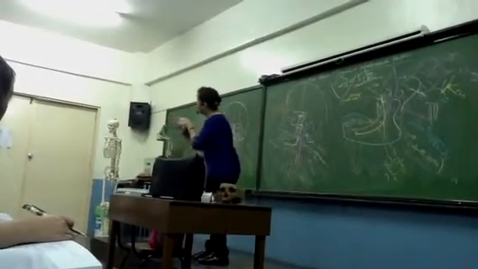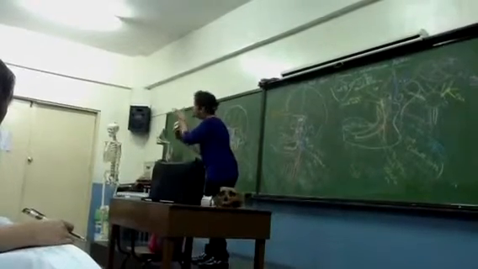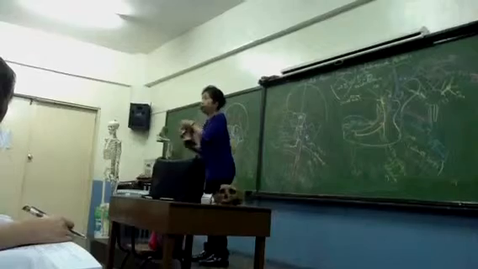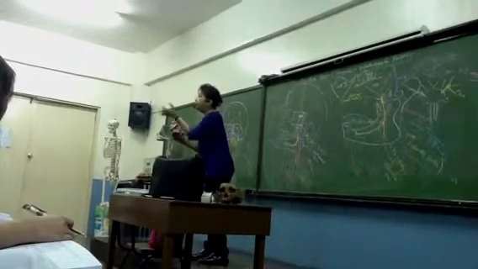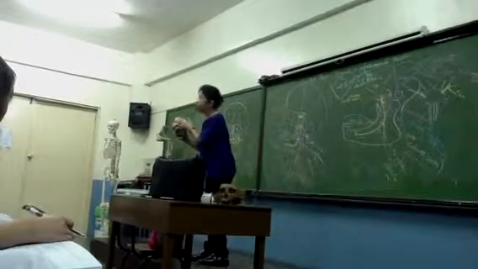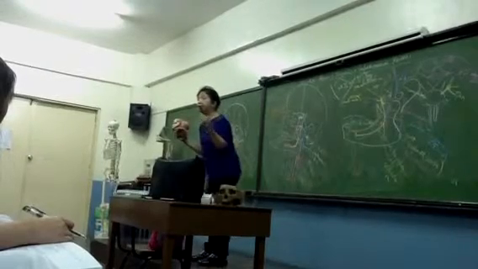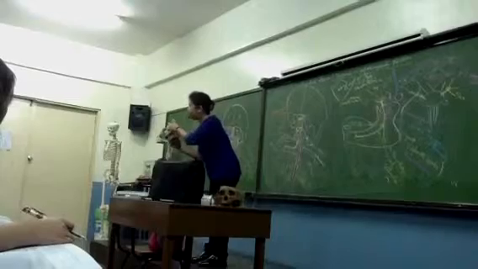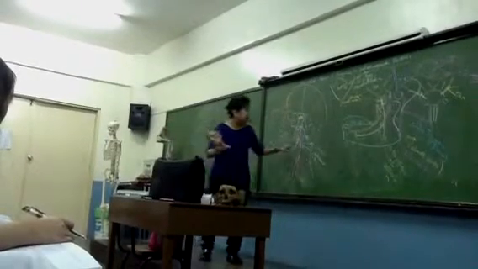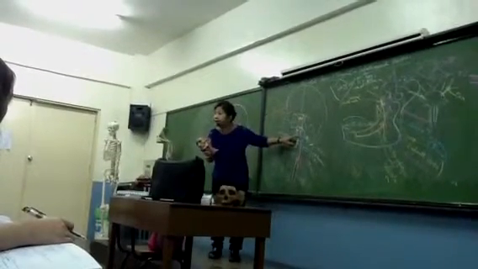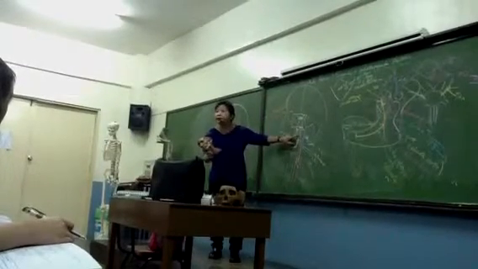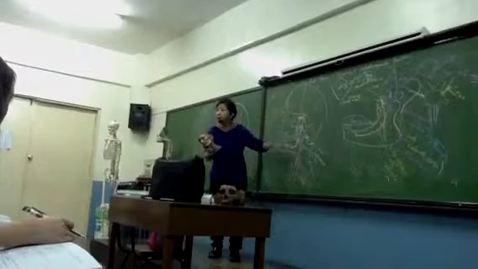Here is the temporalis fascia. Once the temporalis fascia is removed, you see an artery here coming from the superficial temporal. That is the middle temporal. And the one beneath it is the deep temporal, coming from the second part of the internal maxillary, because the second part is mostly muscular.